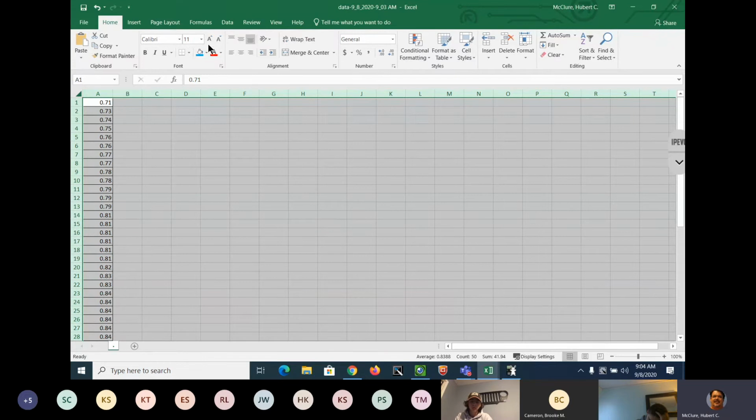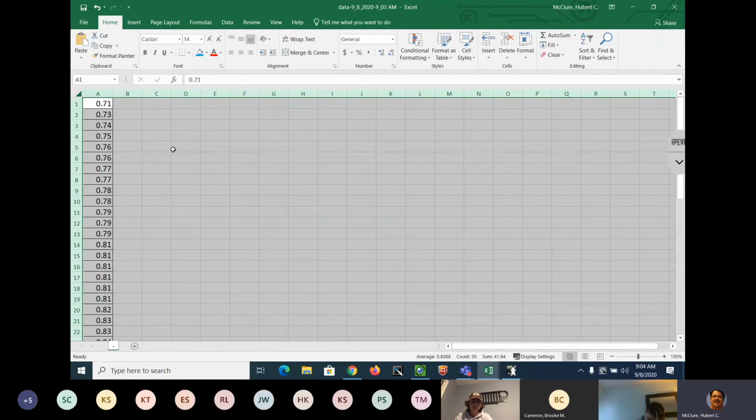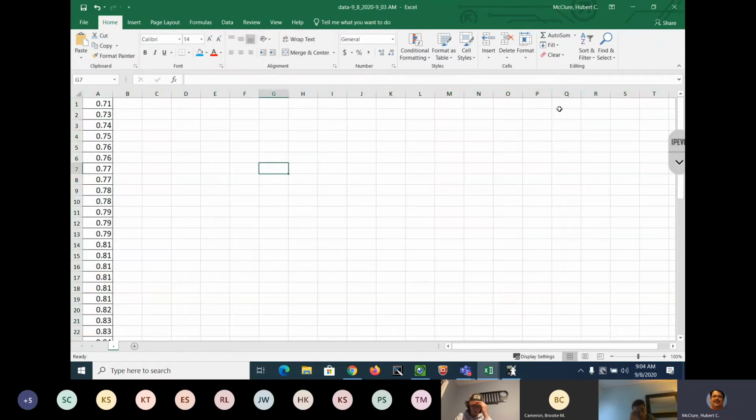There we go. And I'm going to go over here and I'm going to put mean, median, mode, range, mid-range, variance, and standard deviation.